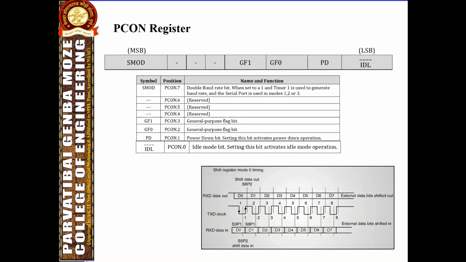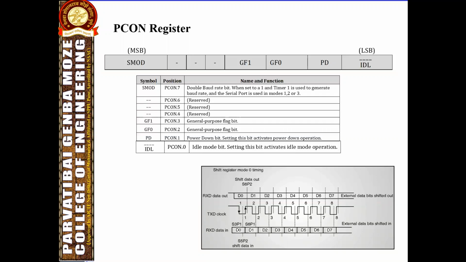Mode 1 is 8-bit UART with a variable baud rate. Mode 2 is 9-bit UART with a fixed baud rate. And mode 3 is 9-bit UART with variable baud rate. Mode 2 and mode 3 have special provision for multiprocessor communication, that is, we can have a master-slave configuration.